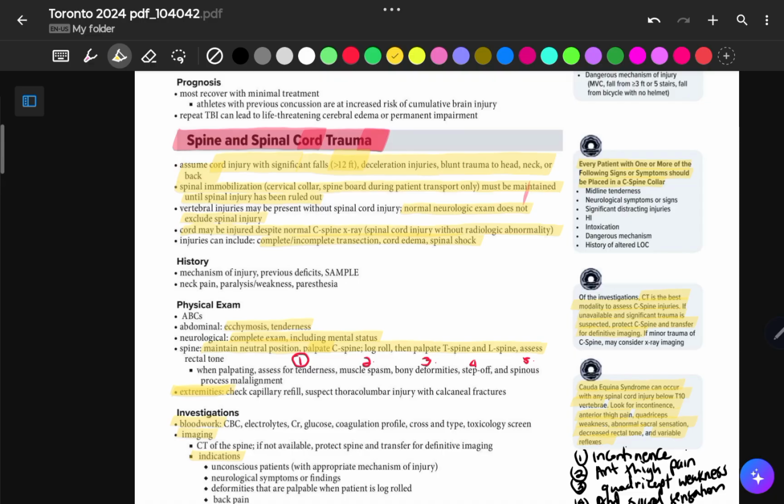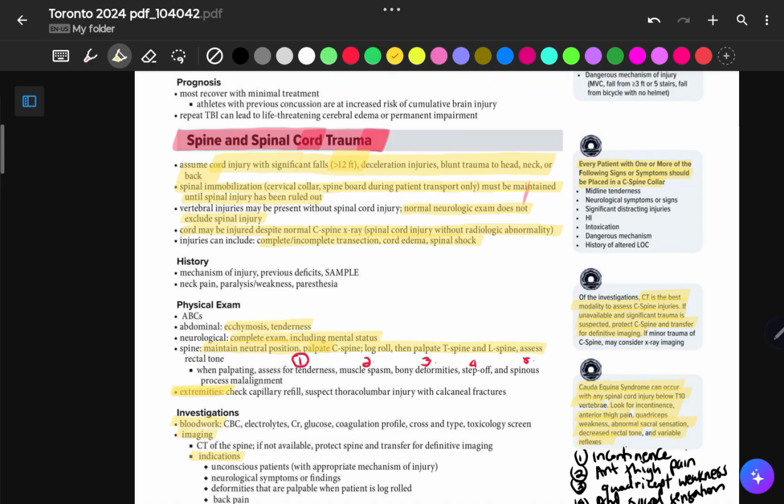So vertebral injury may be present without a spinal cord injury. A normal neurological exam does not exclude spinal injury. Let's say you have a patient that had a fall of more than 12 feet, but the neurological exams are normal. It does not rule out the possibility of spinal cord injury, so you first need to do your imaging.